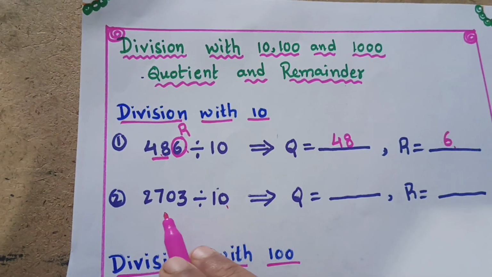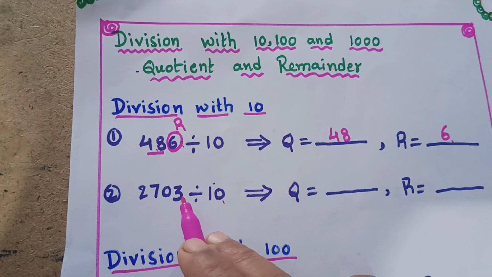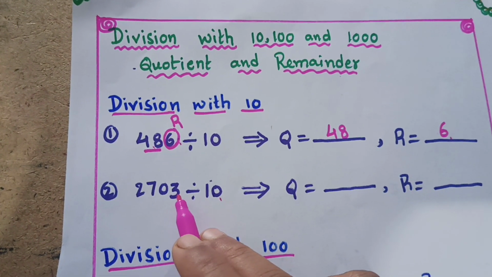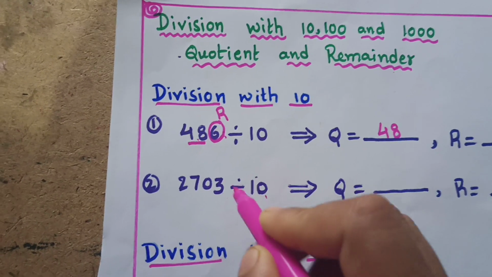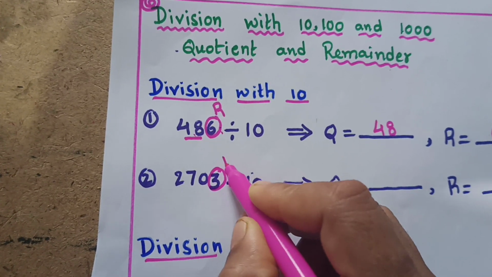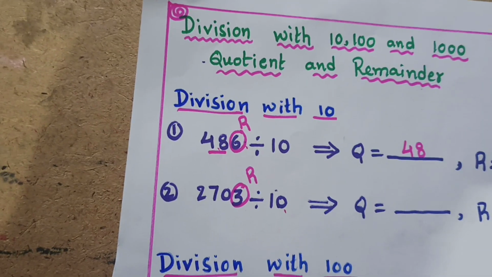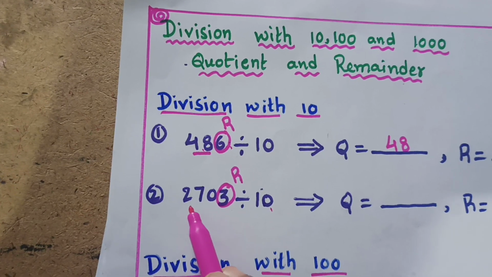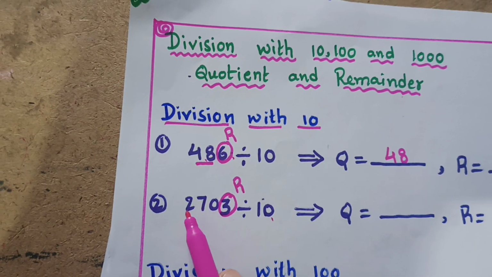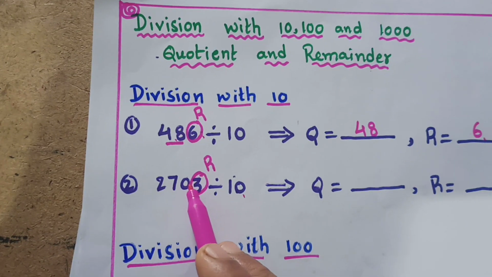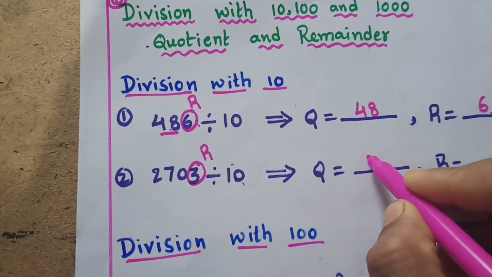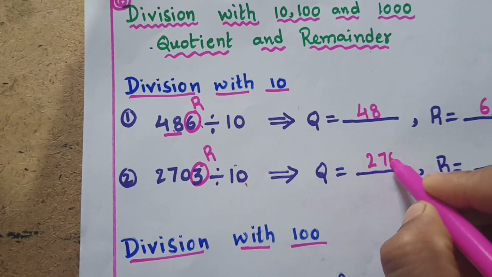What is the ones place in 2703? 3 is the ones place digit. So, this 3 becomes the remainder. What are the remaining digits? 270. 270 becomes the quotient.